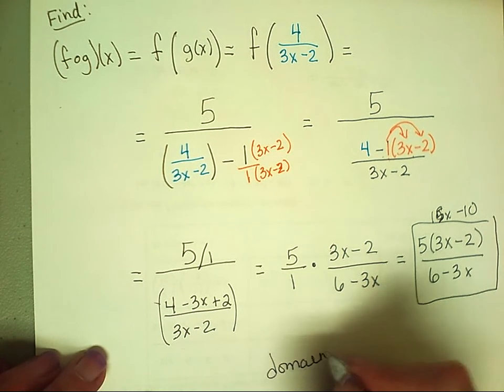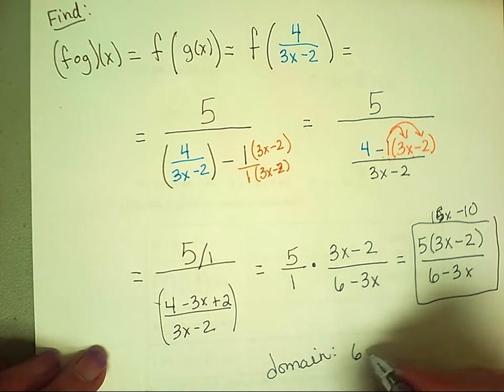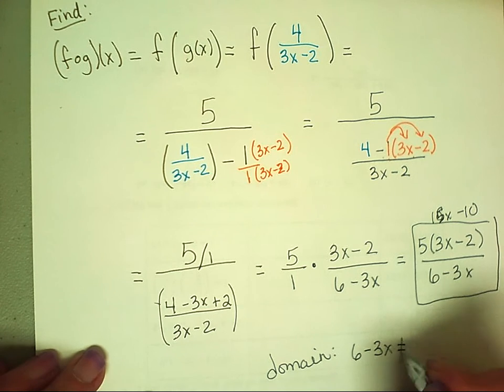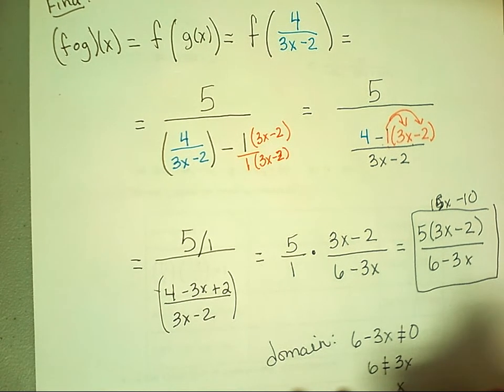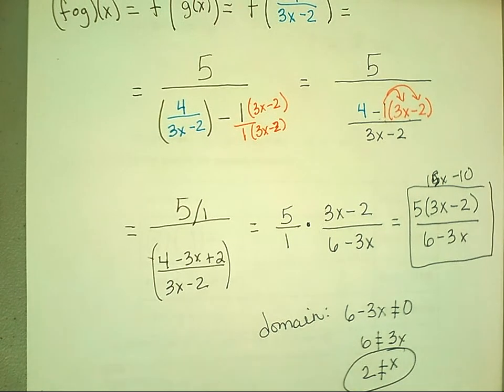Alright, now from here, we're concerned about the domain. So we know that the denominator, 6 minus 3x, cannot equal 0. So 6 cannot equal 3x, or that x cannot equal 2.